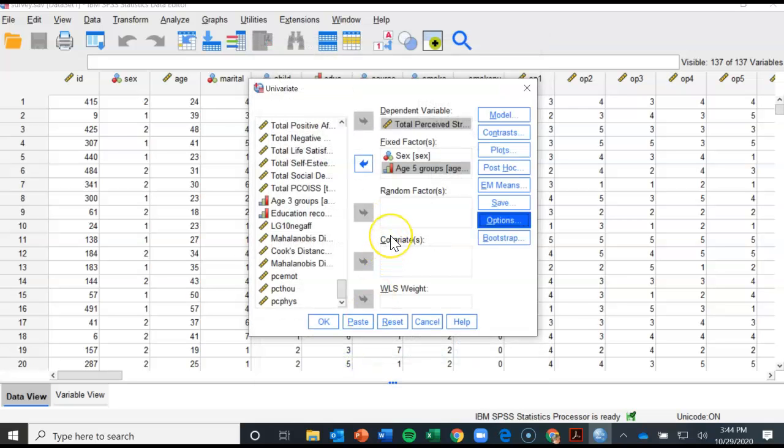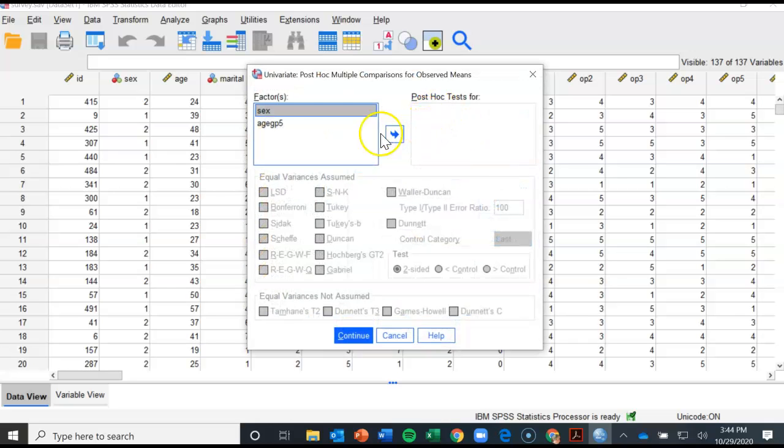Then we click Continue. Then we select the Post Hoc button, and your instructions say that you should choose all the independent variables you're interested in, but in parentheses it says this variable should have 3 or more levels. So sex only has 2 levels, so we don't need post hoc tests for that.